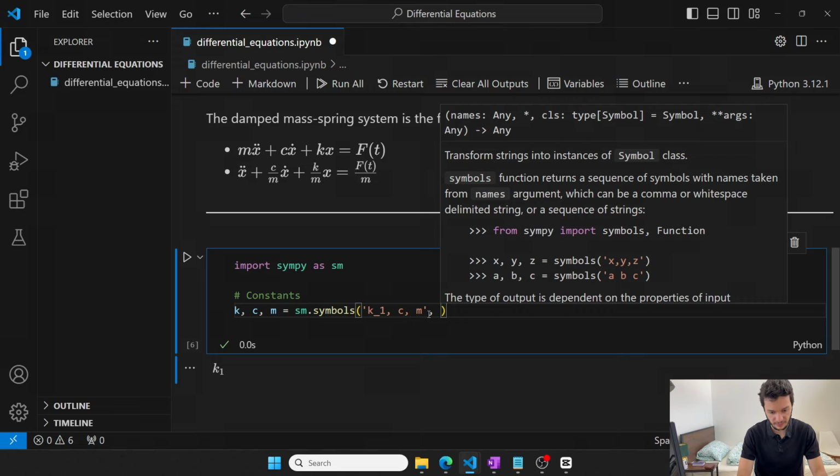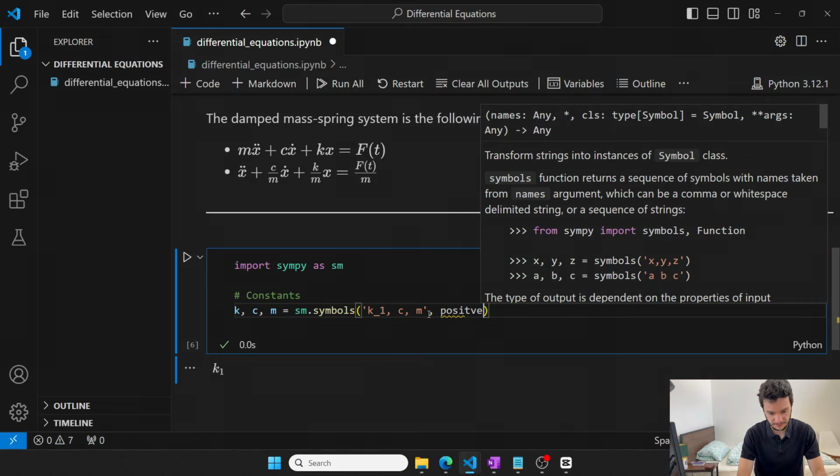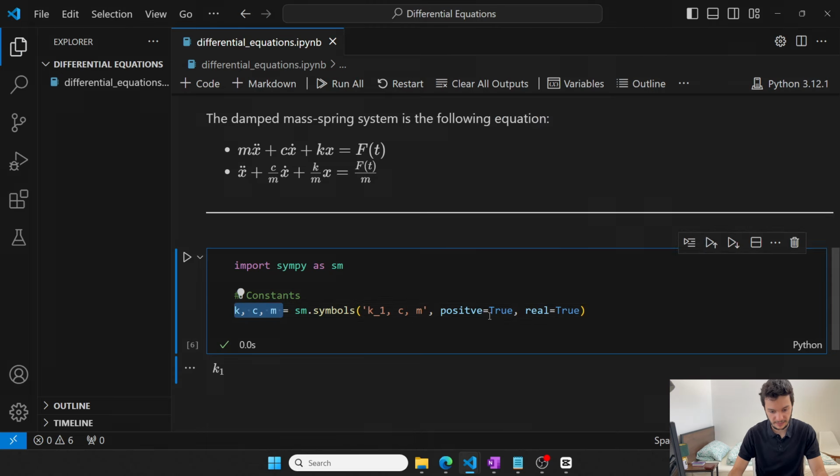So we can add another argument, positive equal to true, and you can say that real is equal to true. This means that these constants are both positive and real. Now this will help SymPy whenever you want to solve a system or an equation, to make some assumptions and to easily simplify the solution.